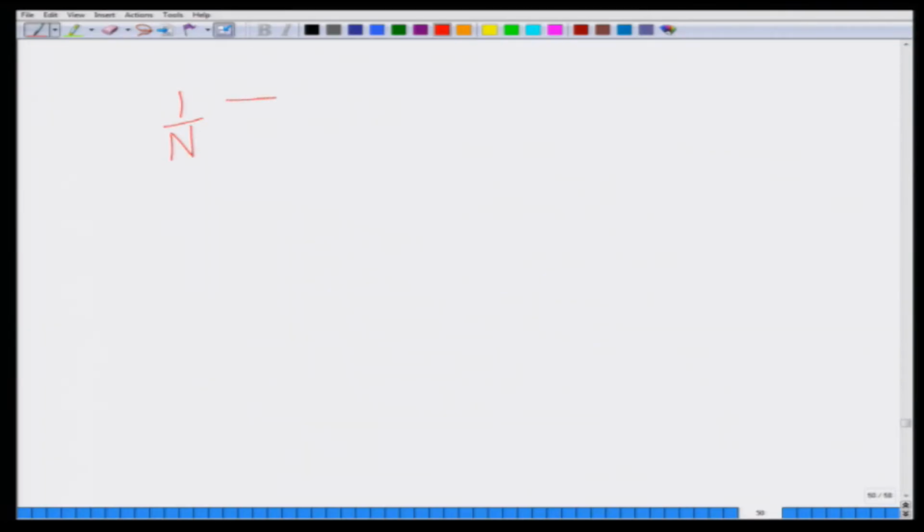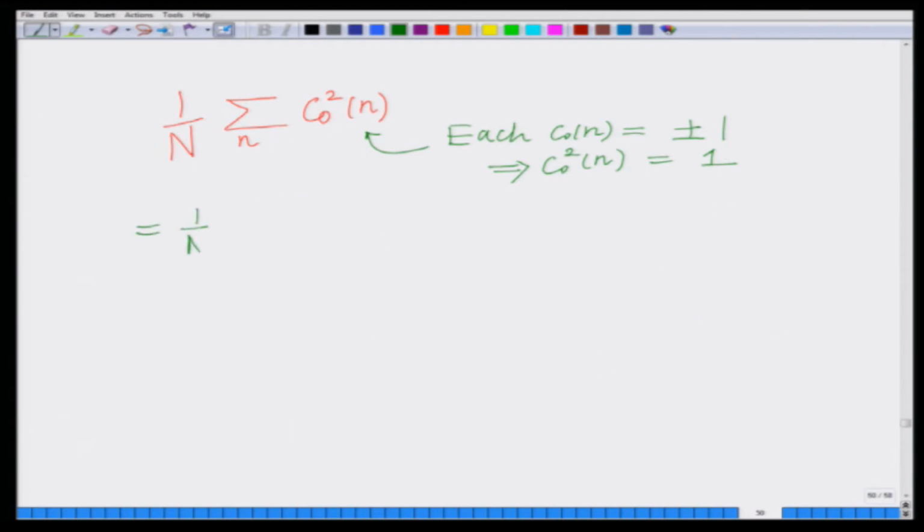Let us look at this: each c0[n] is equal to either plus or minus 1, which implies c0 squared[n] is equal to 1. Therefore, this is 1/N summation over n of 1, which is 1/N times N, which is equal to 1.